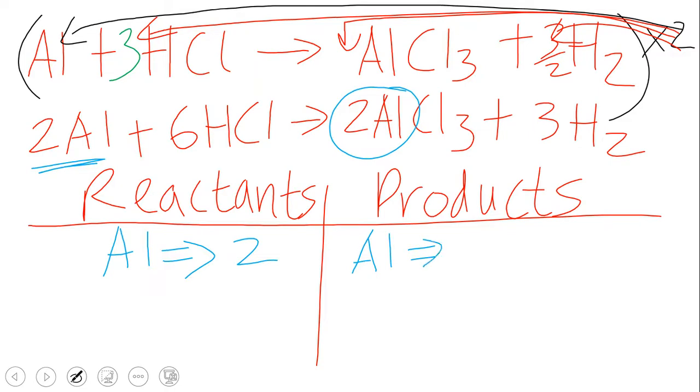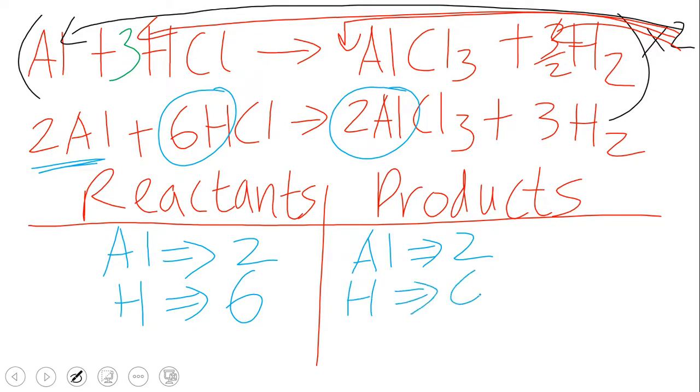Aluminum, we have 2 of them. Now let's look at hydrogen. On this side we have 6 hydrogen. All right, let's look at our product side. We have 3 times 2, and 3 times 2 is definitely 6, so hydrogen is fine. So hydrogen is going to be 6.